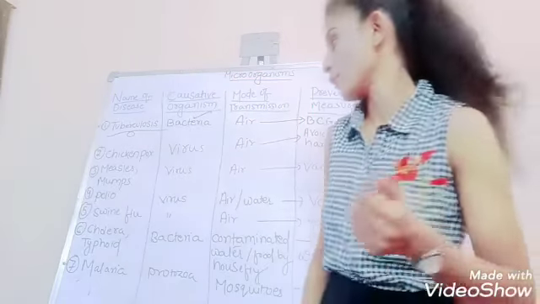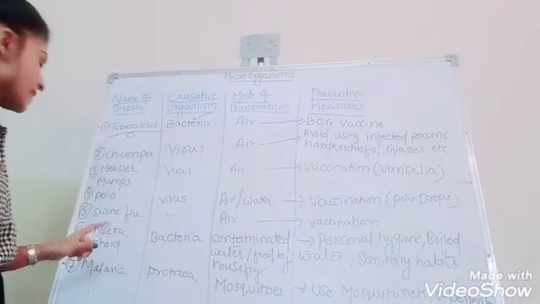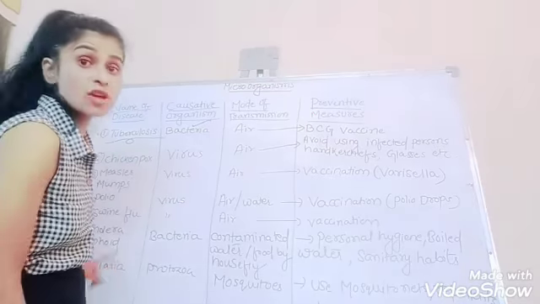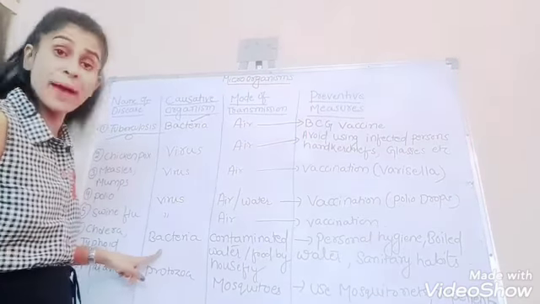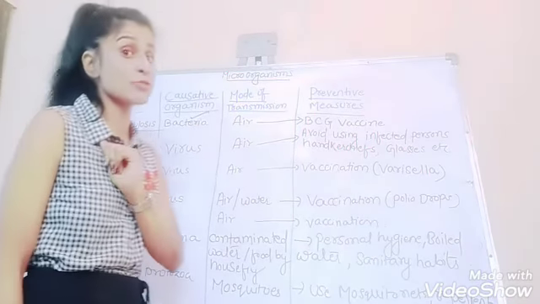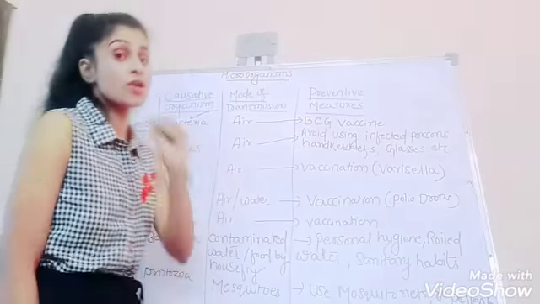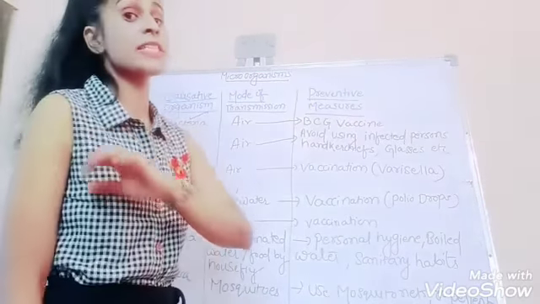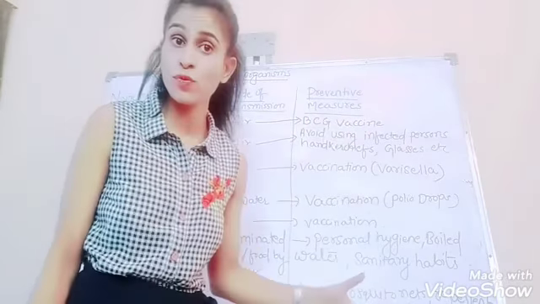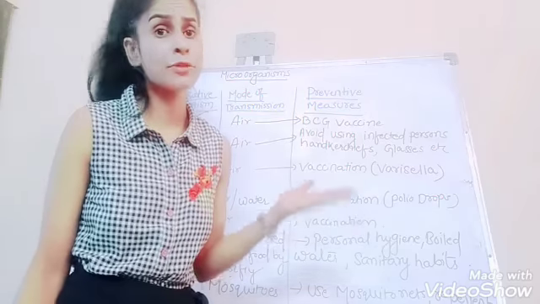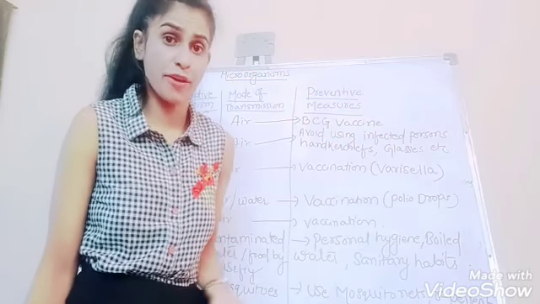the swine flu. The sixth type of disease is cholera and typhoid. Yes guys, cholera and typhoid are caused by bacteria. And when we take contaminated food or contaminated water, which is already contaminated by the housefly, then definitely you are going to get the disease called cholera or typhoid.